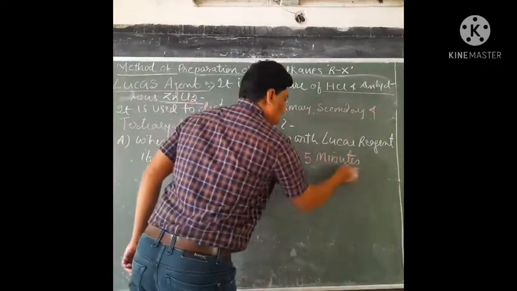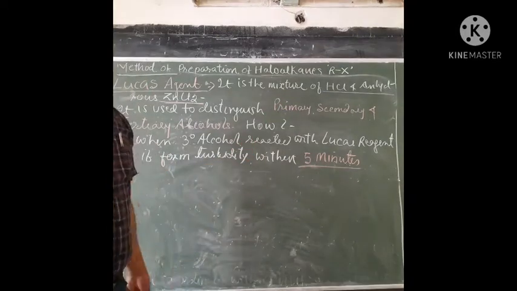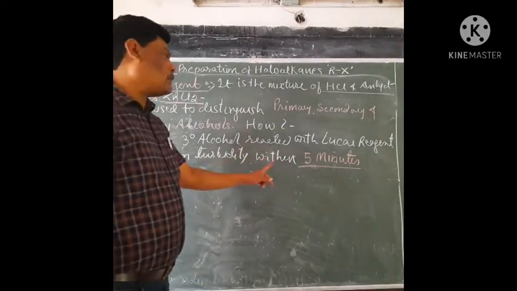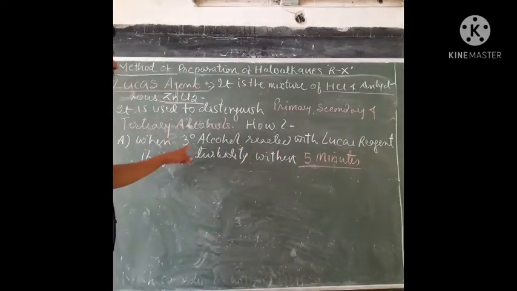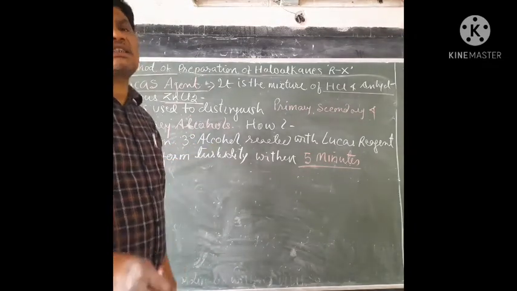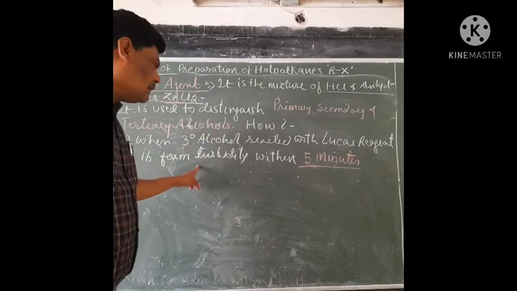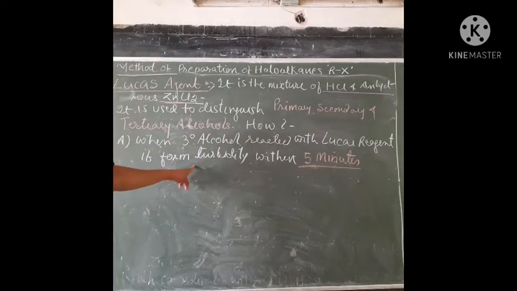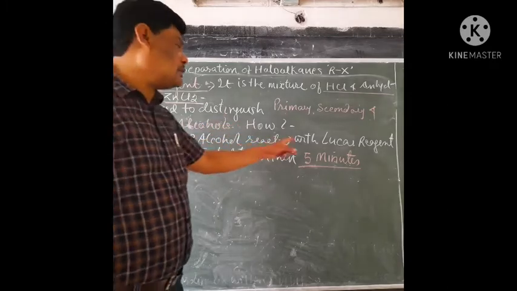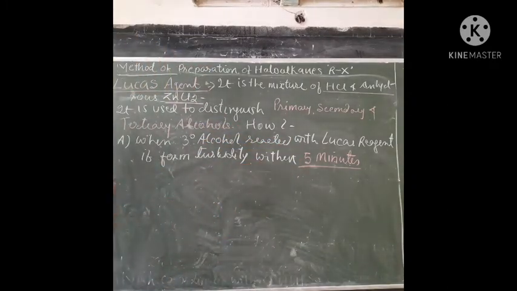That means what? The reaction takes place so fast. Why? It is because I told you earlier that the tertiary alcohol reacts very fast. So the turbidity, that is the product obtained, is very quick. That is, within 5 minutes.